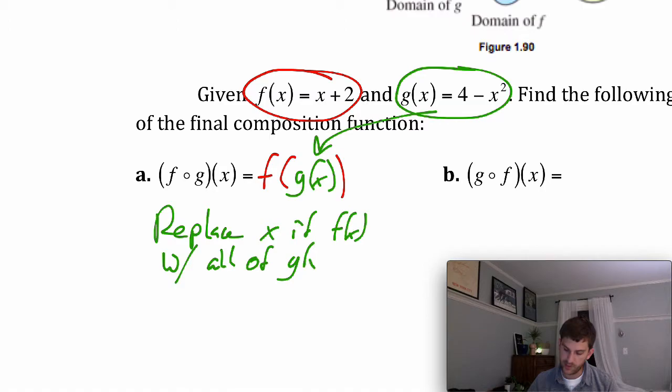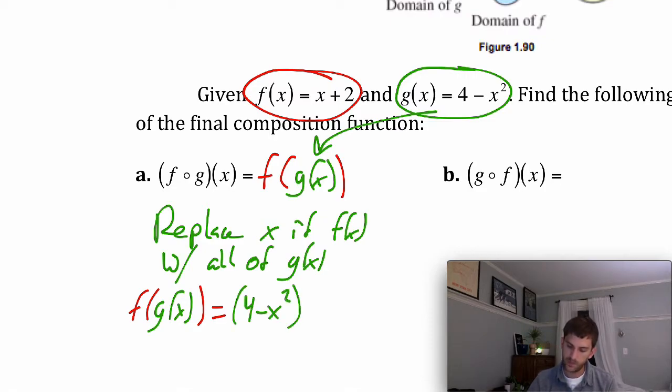So instead of plugging in a value for x, we're actually plugging in a whole separate function. So instead of x plus 2, we've got f of g of x. We're going to replace x with all of g of x, which was 4 minus x squared, and then keep that plus 2. So again, we just replaced the x with 4 minus x squared.